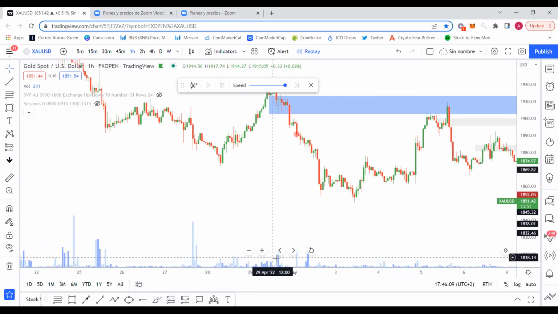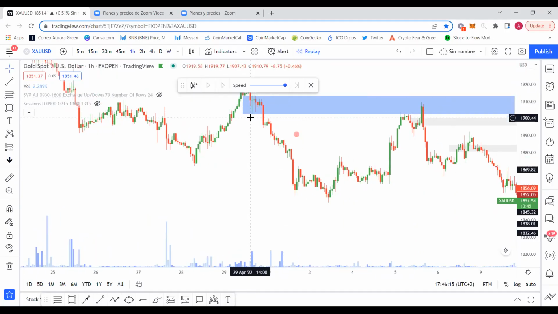Okay, so as you can see in this indecision candle on our supply zone, price has shown a spike in volume. What does this mean? That here there's a huge loading of orders, loads of buy and sell, and then price has finally decided to go to the downside. This spike in volume is only done by institutions.